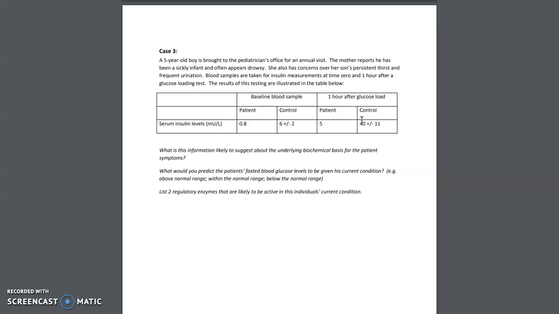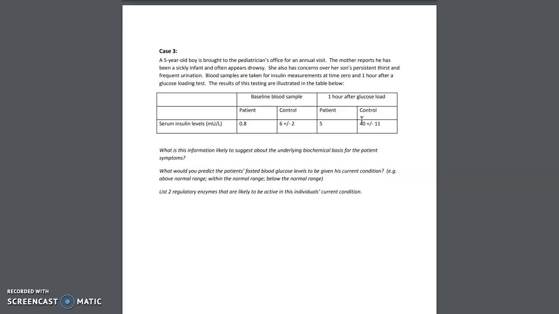Two regulatory enzymes that are likely to be active in this individual's current condition are most likely from the liver, as it is insulin independent and continuously active.